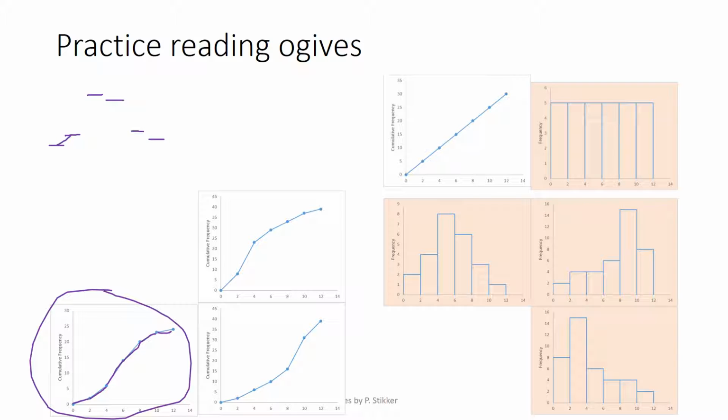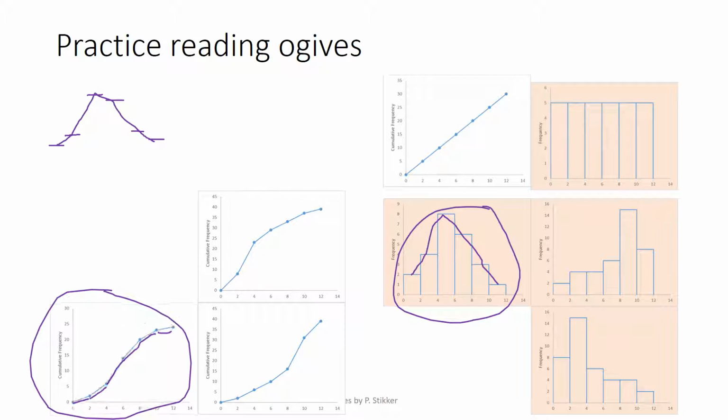So if we would connect the dots here, it looks as if the line is a bit symmetrical. And if we look at our histograms, the only one that has a similar line is, if we go here, there's a small increase, there's a big increase, a little drop, a big drop, and another drop. So I would say this one matches that one almost perfectly.